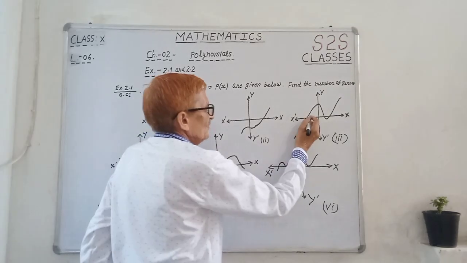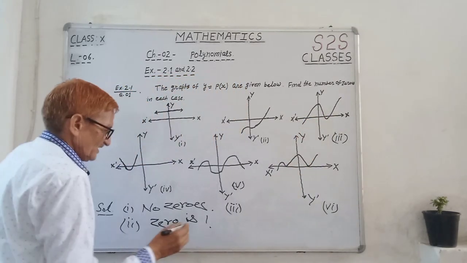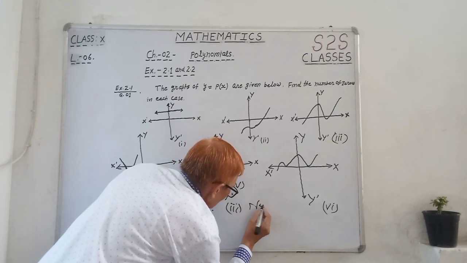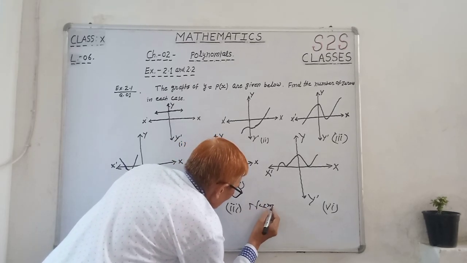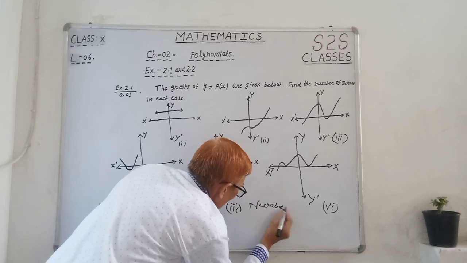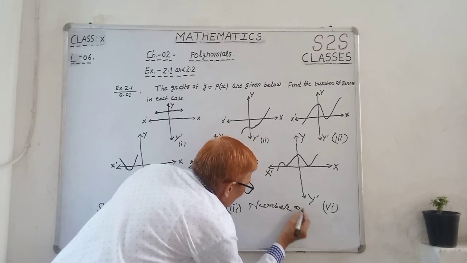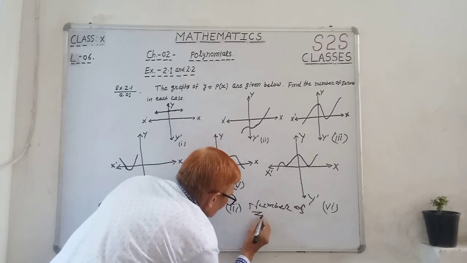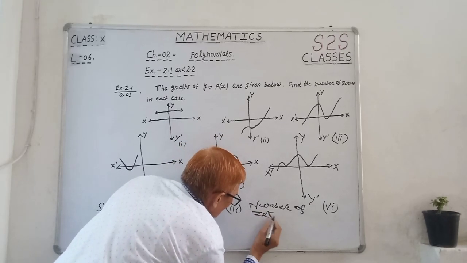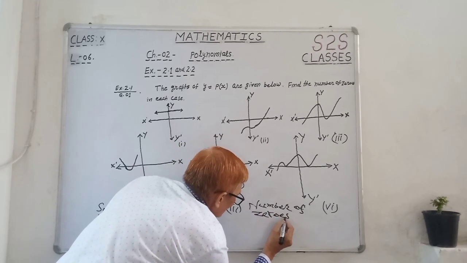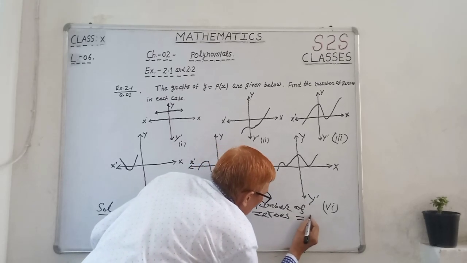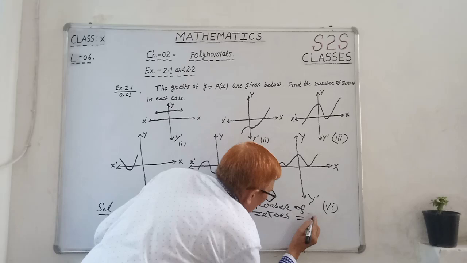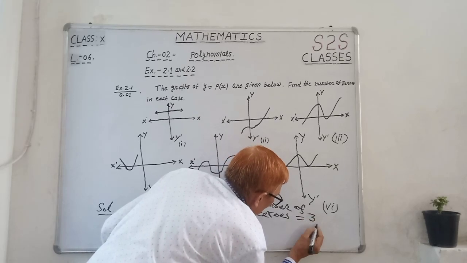Okay, so 1, 2, 3. So 3 here, so number of zeros is equal to 3. 3 points are there, the number of zeros is 3.